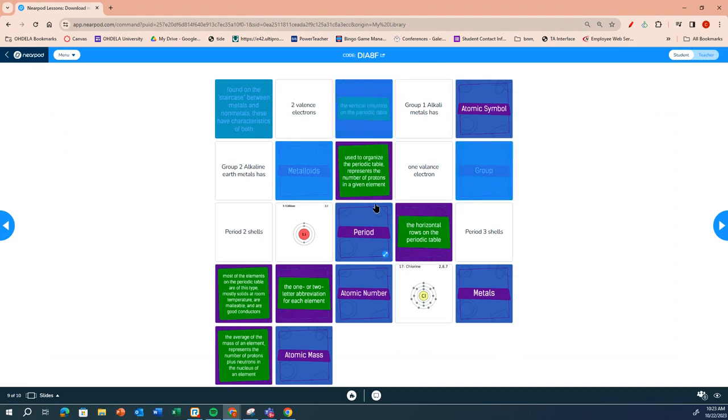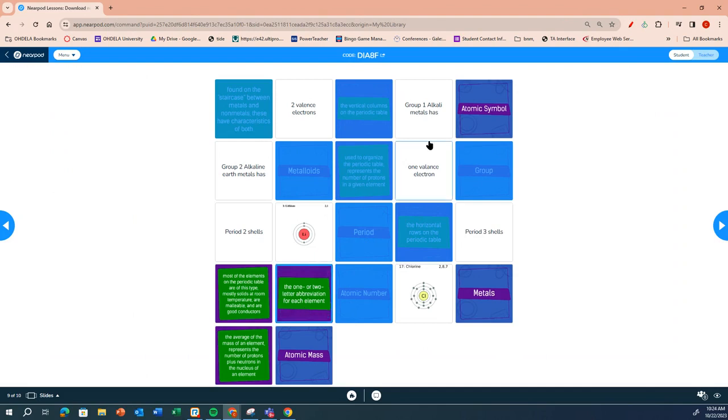All right. Used to organize the periodic table, represents the number of protons in the given element. That'd be the atomic number. The horizontal rows on a periodic table, that's your period. One or two letter abbreviation for each element.